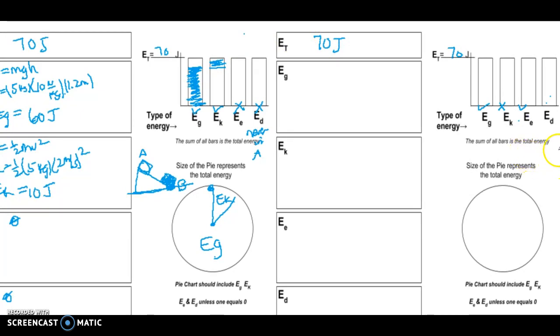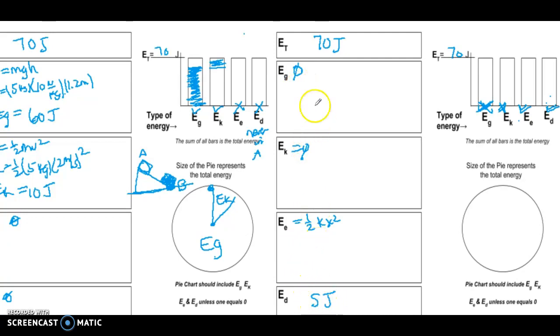It says there's 5 joules dissipated, so I'm going to fill that in down here. I'm going to have EE for sure because the spring is compressed. It's not moving, and whoops, it's not above the ground, sorry. That should have been a no. It's not above the ground, it's not moving, it has ED and it has EE. Sorry about that.